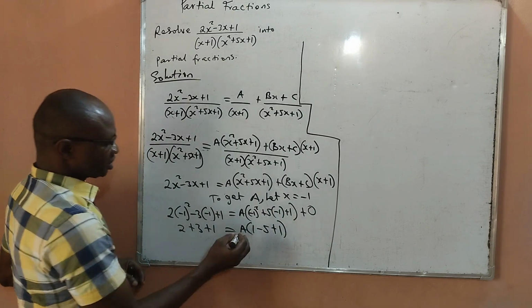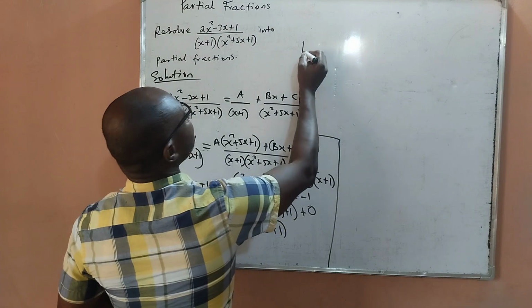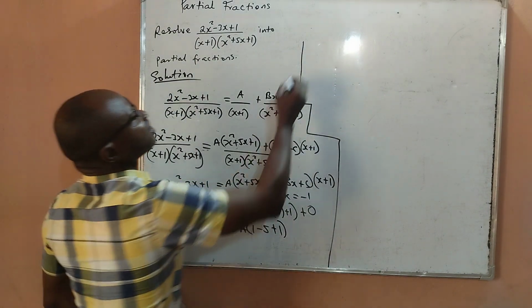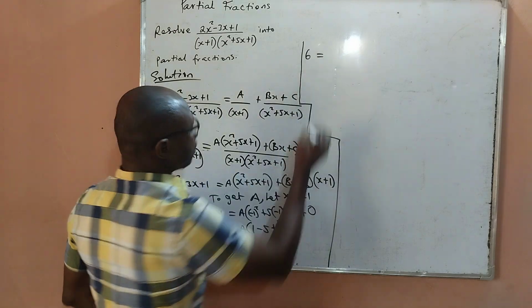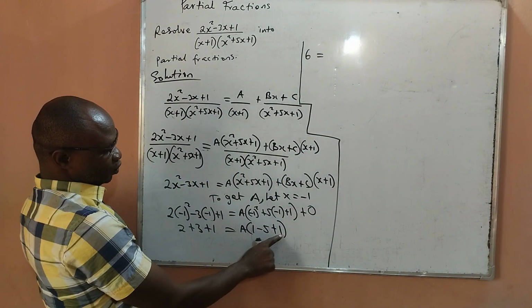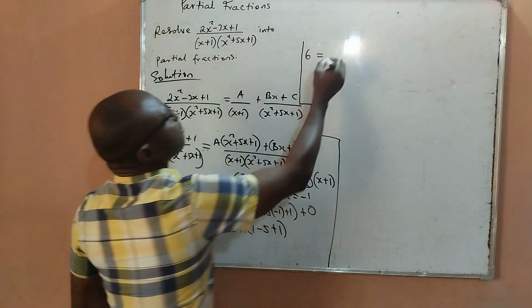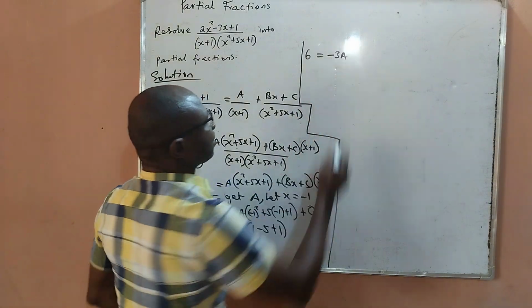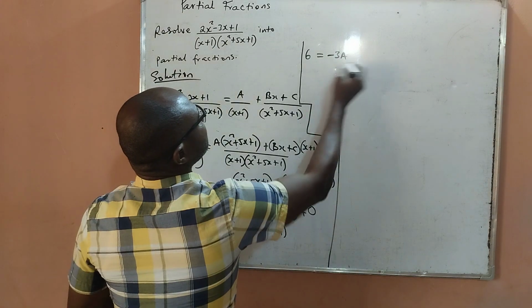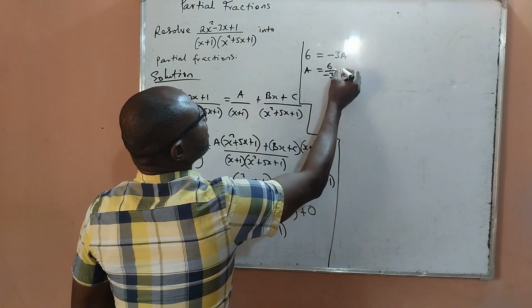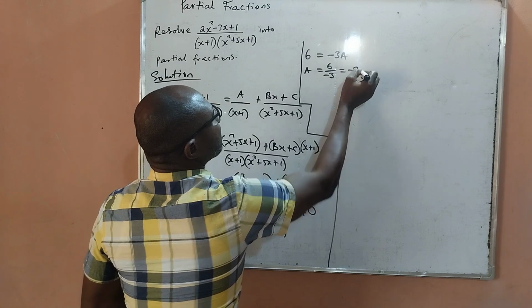If you look at this, it is now going to be 2 plus 3 plus 1 is going to give me 6. This will now be 6 equal to, in this place 2 plus 1 plus 1 is 2, then minus 5 will give me minus 3a. Okay, this is what I have. This implies that a is equal to 6 divided by negative 3, and that is equal to minus 2.